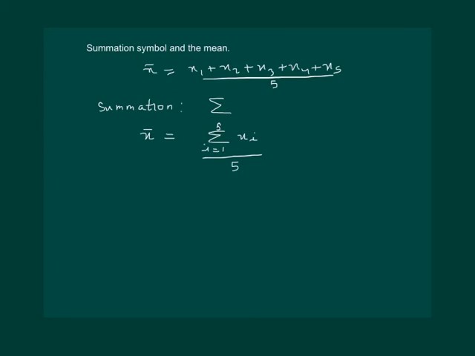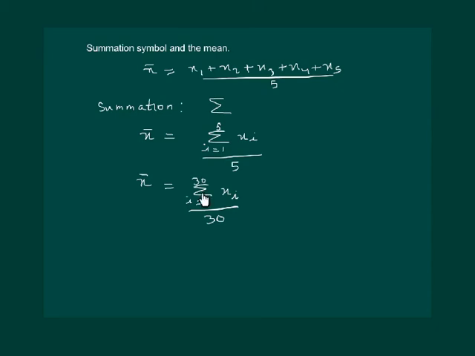If we had 30 entries, we would have mean equal to summation xi, where i varies from 1 to 30, whole divided by 30, that is the number of entries.